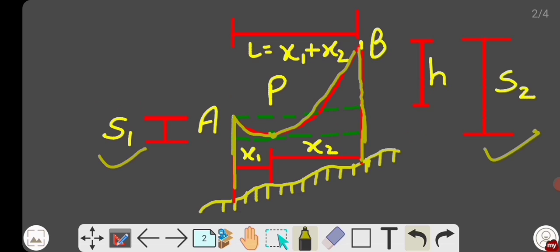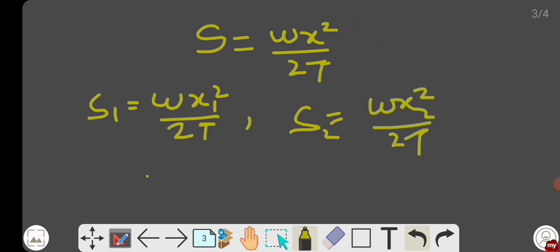Also from the diagram we can see that x1 plus x2 is equal to L. Let us assume this as equation 1.